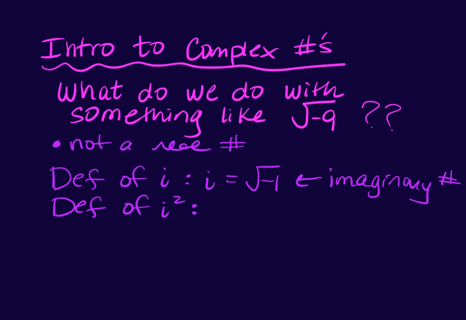We wanted to try to look at the definition of i squared. Now, if we know the definition of i, which is right up above, just think about what would happen if you squared both sides of that to get the definition of the second power of i. And so if I squared both sides of that above, then I would get i squared equals -1.